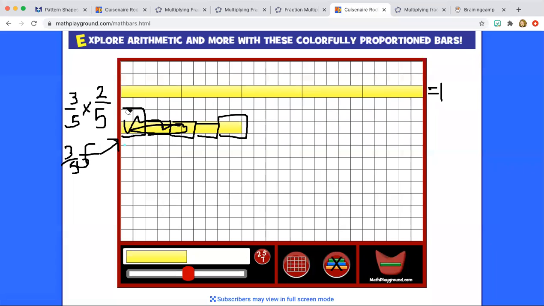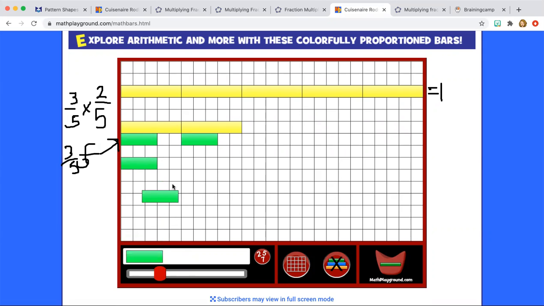So let me erase some of these marks. And so this is where, right, if I want 3/5 of this one and 3/5 of that one, I can see that my total length that I want is 1, 2, 3, 4, 5, 6, right? My total length is 6.